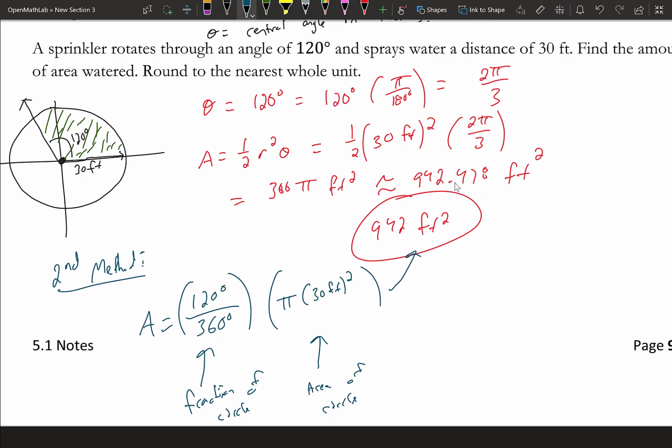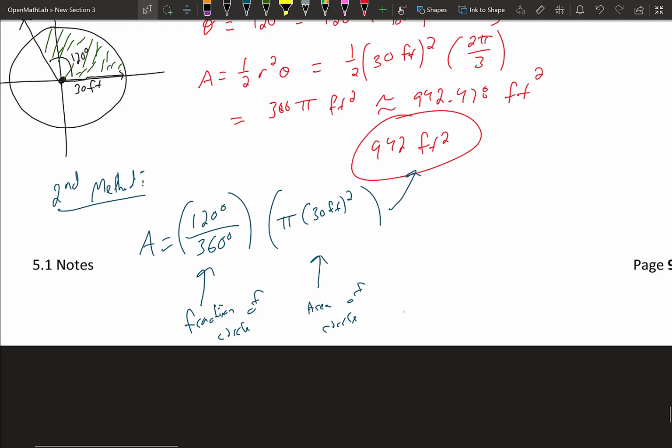And we can verify that using a calculator.